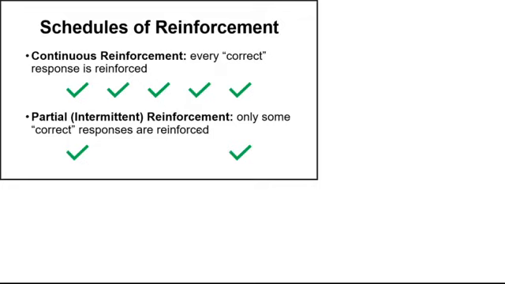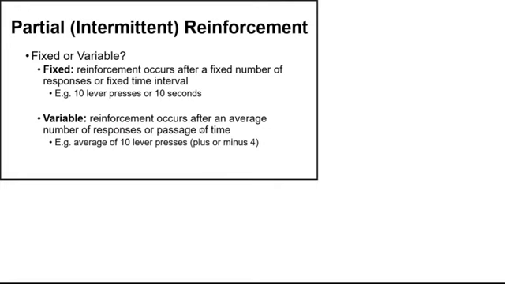But first, we're going to talk about what different kinds of partial or intermittent reinforcement we can have. Like when we were talking about positive and negative reinforcement and punishment, we're going to have two questions that we can ask here, and then we're going to combine them into four possibilities.